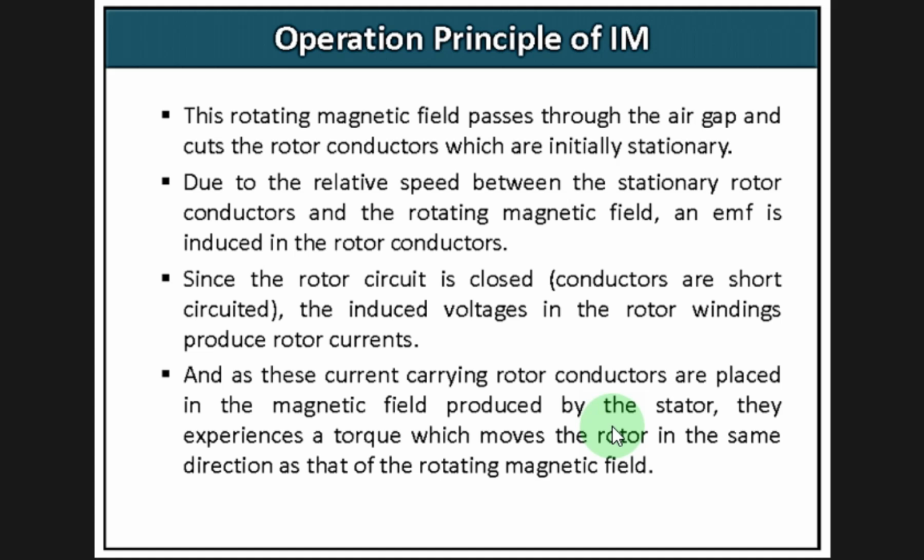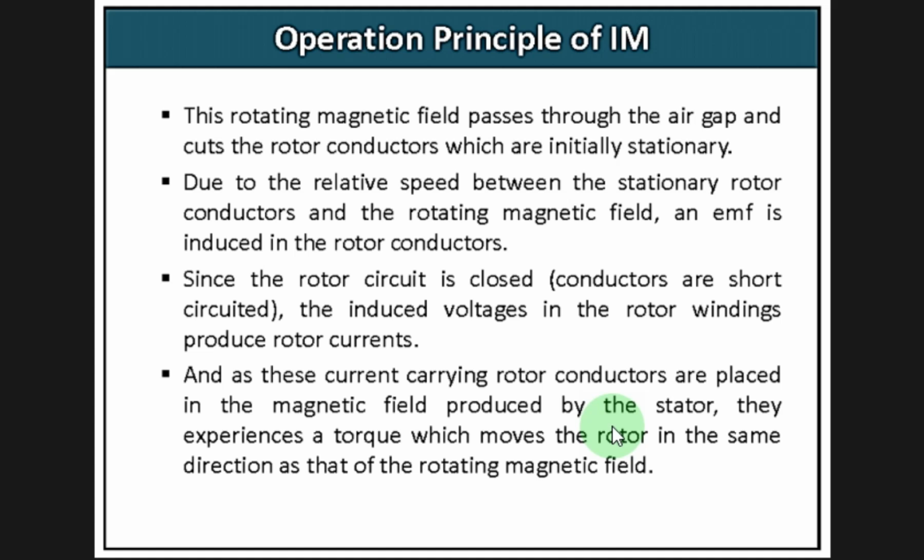This rotating magnetic field passes through the air gap and cuts the rotor conductors, which are initially stationary. So you have to visualize now: when the rotating magnetic field is rotating, it is cutting the rotor coils or rotor bars, the rotor conductors.